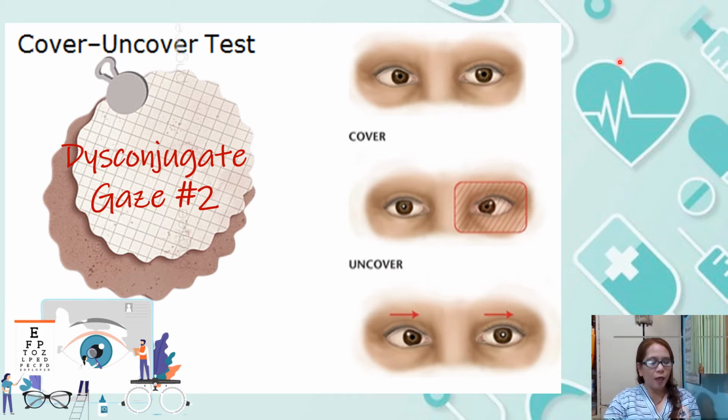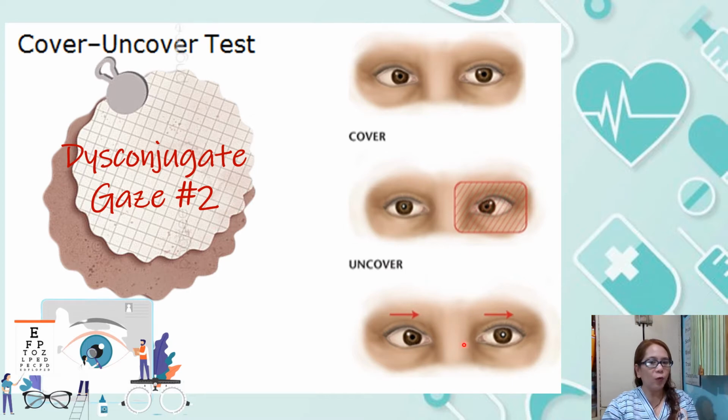We have here the cover and the uncover. So the right eye moves outward to fix on the light, while the left eye, which is not actually seen because it is covered, moves inward to some degree.